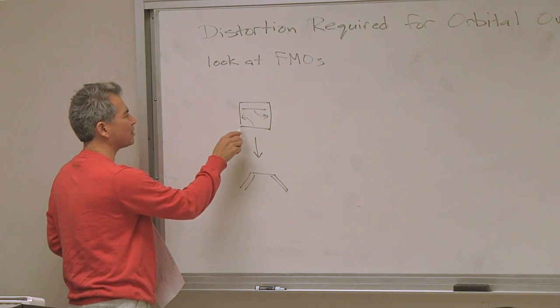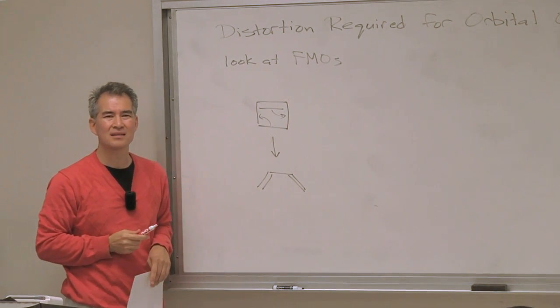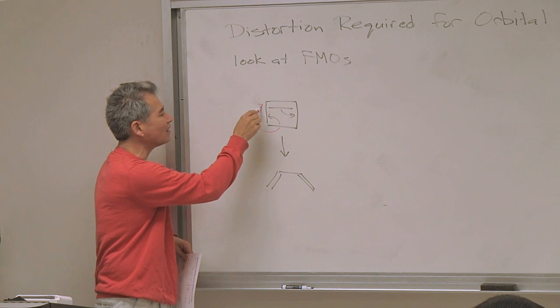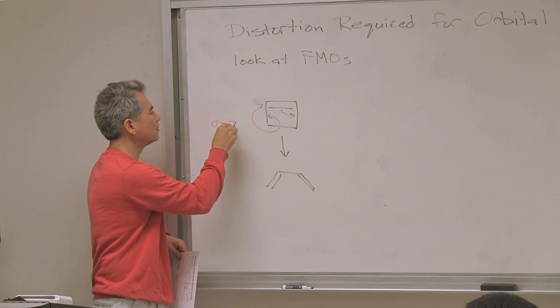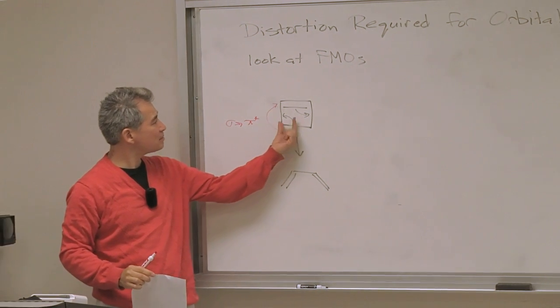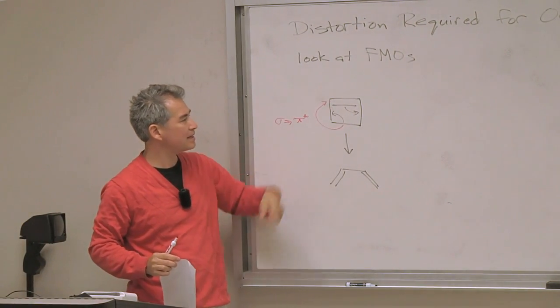I'm going to draw in red a better way to think about this. What must be happening, if I'm breaking this pi bond, is this sigma bond must be donating into pi star. If I'm somehow using this pair of electrons to break that pi bond, that means this sigma bond is donating into pi star.